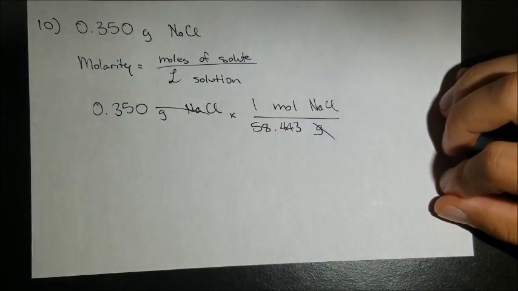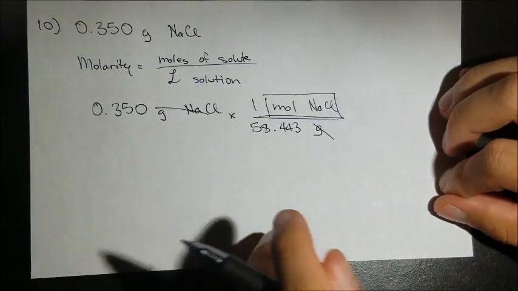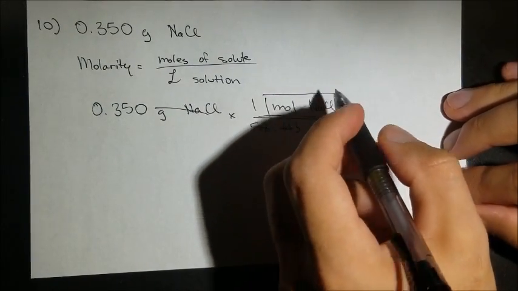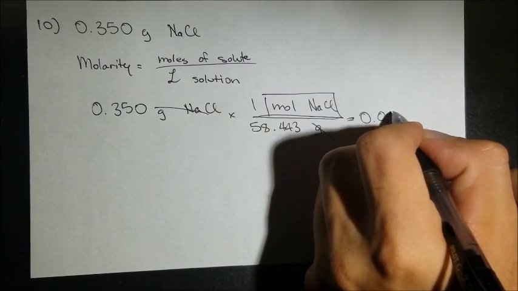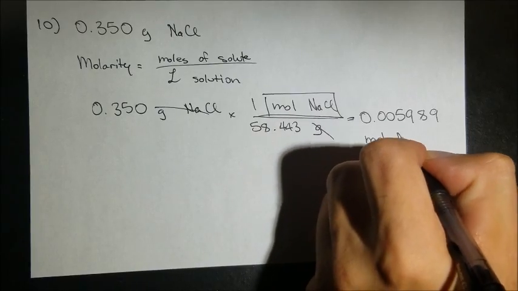So my grams of sodium chloride cancel, and now I am in moles of sodium chloride. So I'm done there, and the number this gives me is 0.005989 moles of sodium chloride.